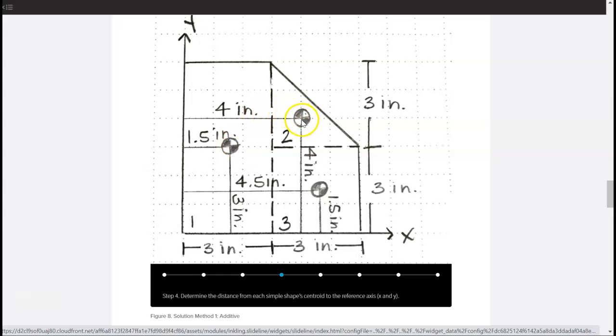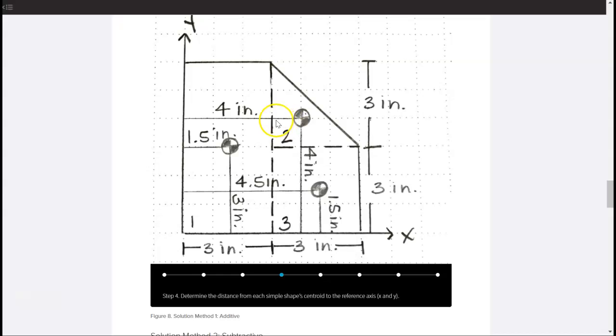Let's come over to shape number 2. We know that we placed it right here. It's an inch away from the triangle, but we're not looking at just the triangle. We're looking at the whole shape. So it's an inch here and 3 inches here. So it's 4 inches total. That's the tricky one. And then the same thing going in this direction, it's the y-axis going towards the x.